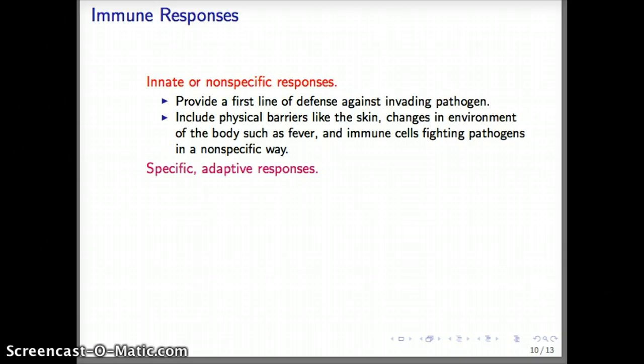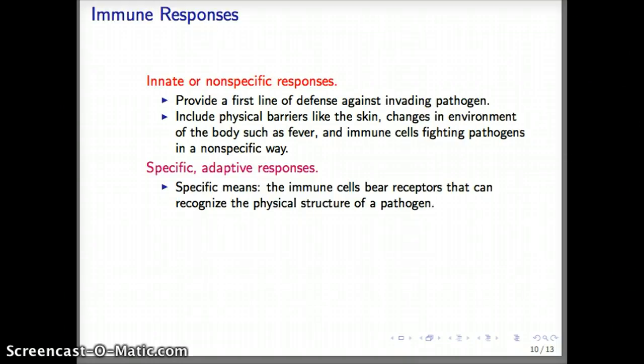On the other hand, we have specific responses or adaptive responses. Here we mean there are cells of the immune system that carry some receptors, and these receptors will recognize the physical structure of a pathogen.